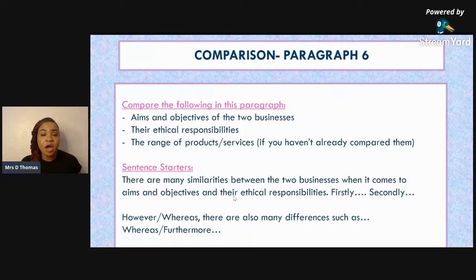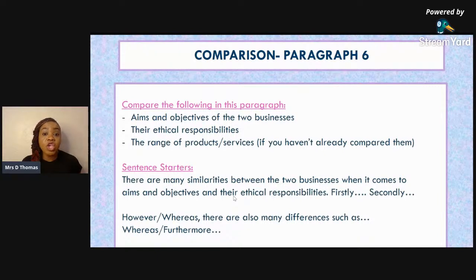So you need to compare the following. You need to compare the aims and the objectives of the two businesses, the ethical responsibility, the range of products and services, and if you haven't already, compare them.